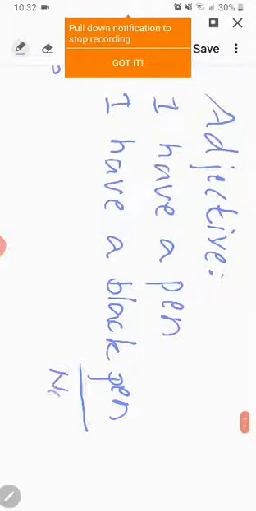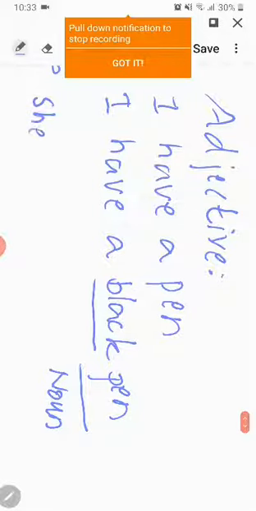Pen is a noun and black is telling us what the color of the pen is. So the word which tells us about a noun, or which qualifies a noun, is called adjective.